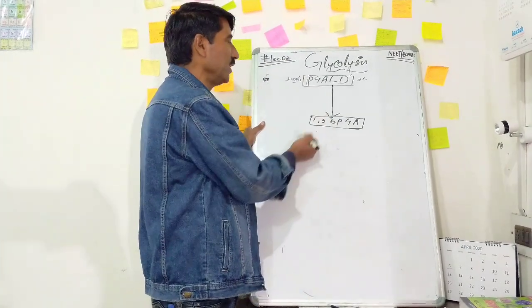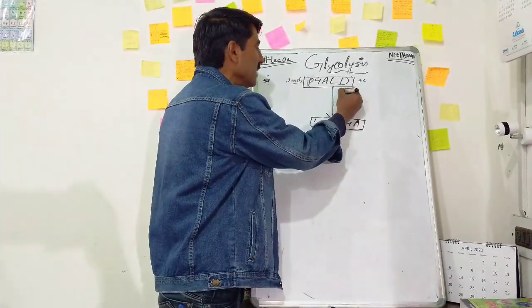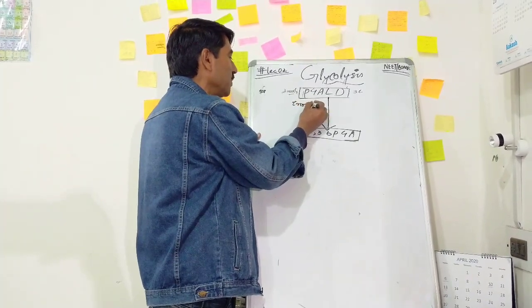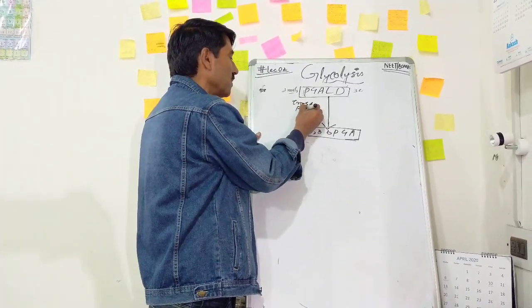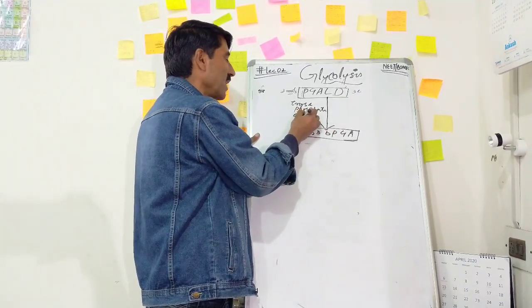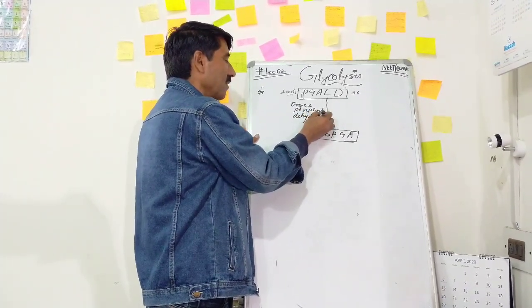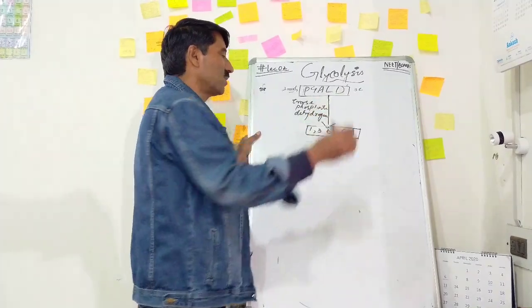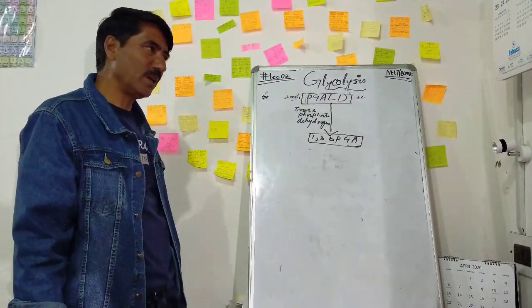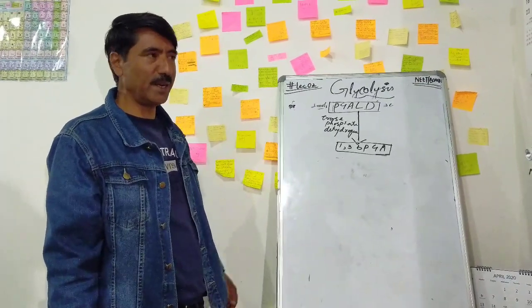Here, dehydrogenation takes place, and the enzyme is triose phosphate dehydrogenase. Triose phosphate dehydrogenase is the enzyme, and as we know, this dehydrogenase enzyme is linked to NAD or NADP.